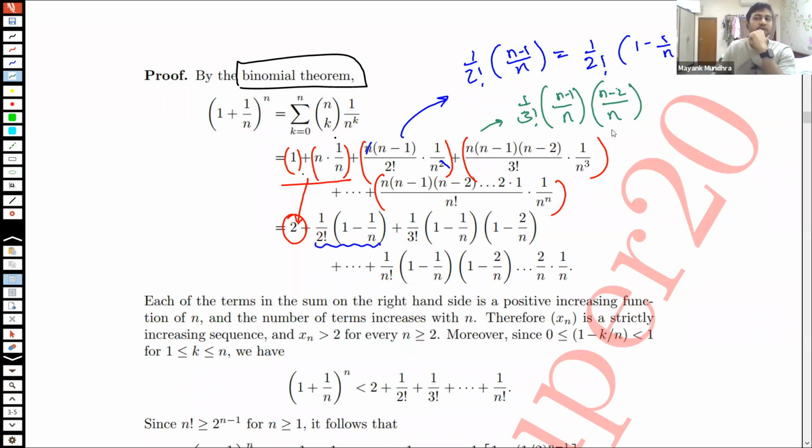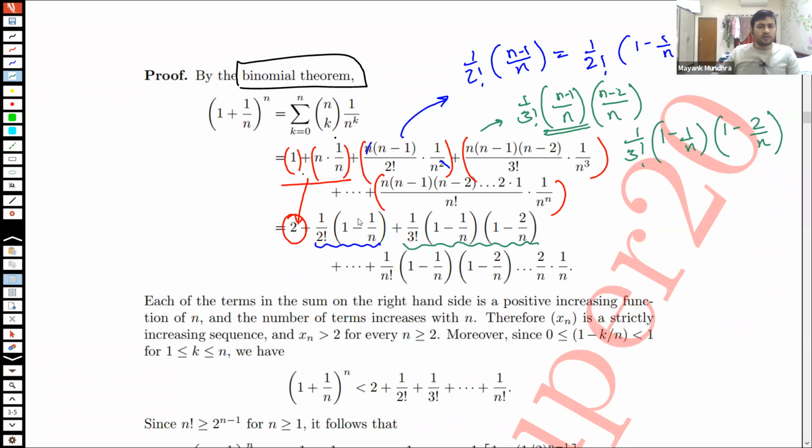And then you can further break this down. 1 by 3 factorial into this bracket can be written as 1 minus 1 by n, and this bracket can be written as 1 minus 2 by n. So this is what makes my third term in the next step. And similarly, you can write this fourth one as well. This is how you do it.